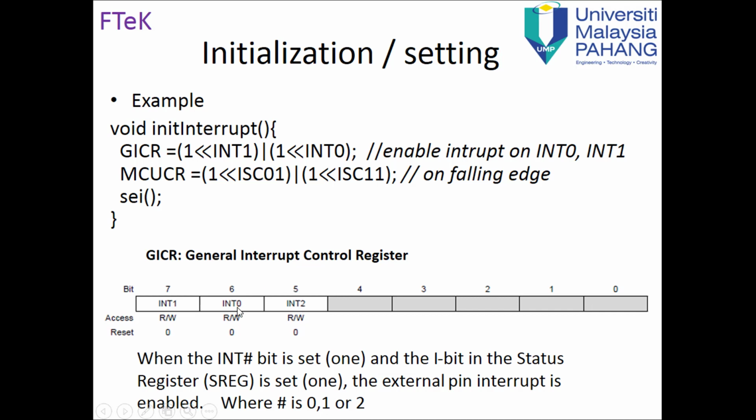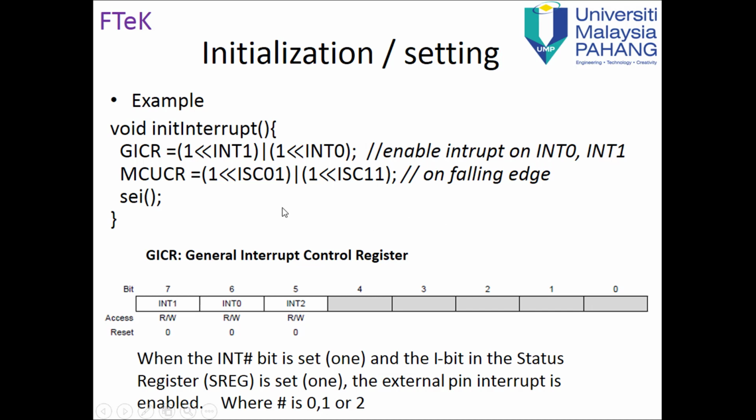The same for interrupt 0 and interrupt 1. How to set it to 1? Use shifting. We shift the 1 by the number of interrupt 1 and the number of interrupt 0. How can you understand this? That means in GICR, set interrupt 1 to 1 and interrupt 0 to 1, so enable interrupts on interrupt 0 and 1.